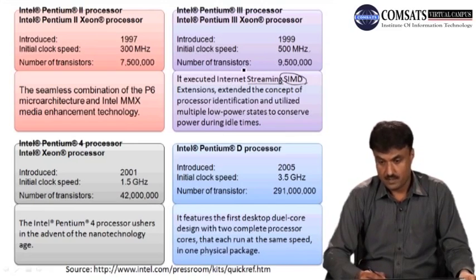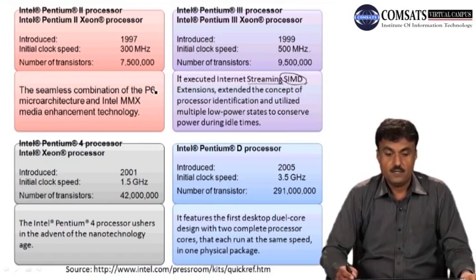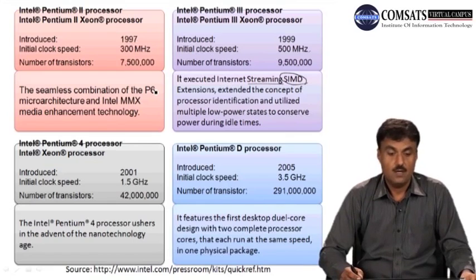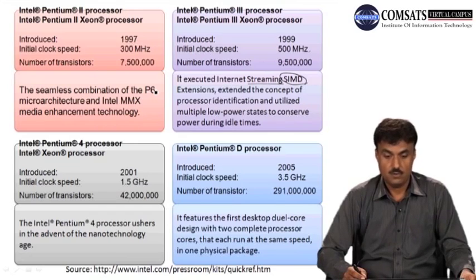This was one of the more famous processors of its time, and after that came the well-known Pentium 4 processor and Intel Xeon processor, introduced in the market in 2001. Its internal clock speed was around 1.5 gigahertz, and the number of transistors was almost 42 million.